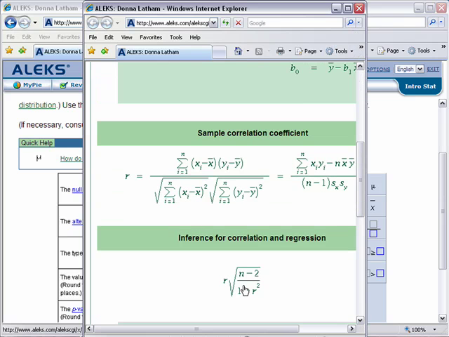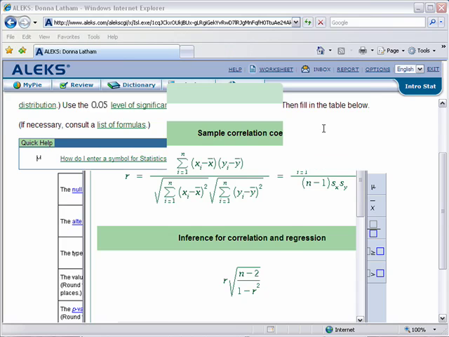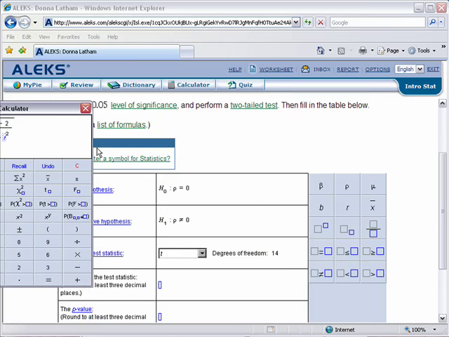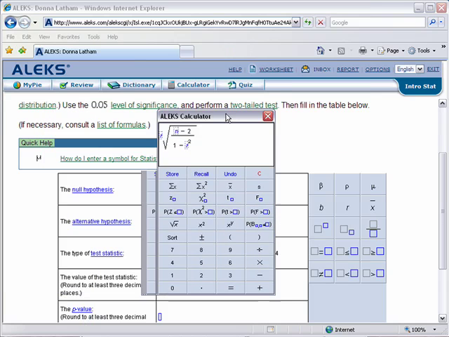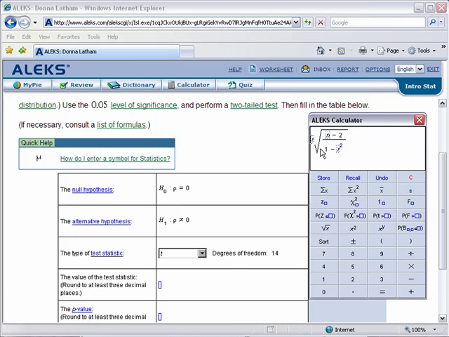And if we click on that formula, it's r times the square root of n minus 2 over 1 minus r squared. I'm not sure if you can see that. But when you click on it, it automatically transfers the value to the calculator. And so we have here that our r value is negative 0.36. N is 16. And notice that the top of this equation, 16 minus 2, is also the degrees of freedom. That can be a check for you.